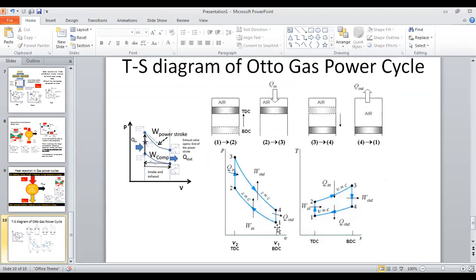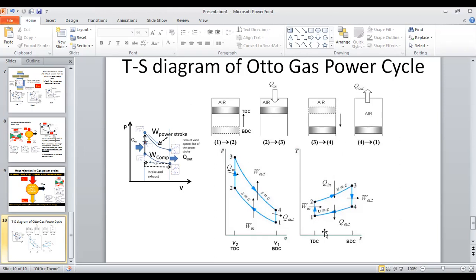So 1 to 2 is compression, isentropic. You know that is the best compression possible, no entropy change. So 1 to 2, constant entropy. See, the right side is the TS diagram. Whatever entropy is available at 1 remains the same at the end of the process 1 to 2. This compression means W in.